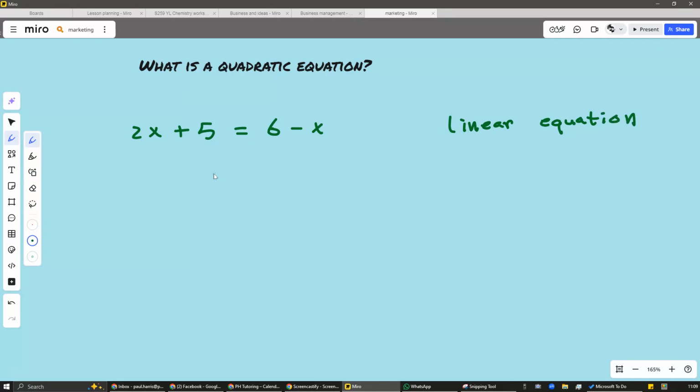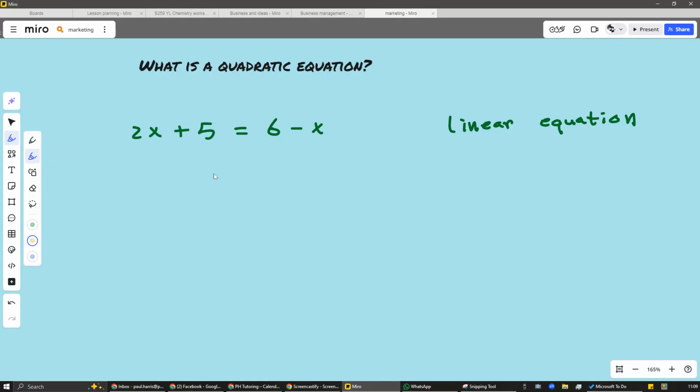So we put the x's on one side and then we put the numbers on the other side. And then we'll have a certain number of x's is equal to a certain number. Then you can divide both sides by whatever amount of x's there are. And then you've got the answer as 1x equaling whatever it is.